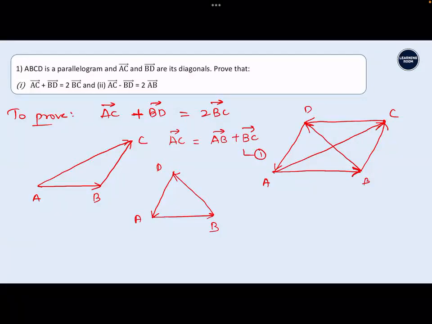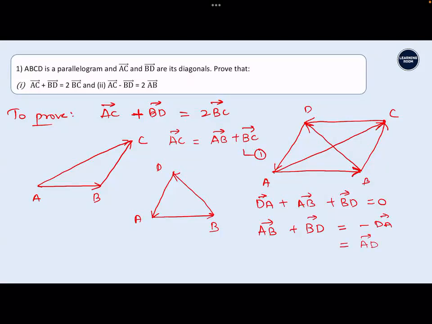So when they are in continuous path, what happens is DA vector plus AB vector plus BD vector will be equal to 0 because they don't follow triangle of addition here. What does triangle law tell us? If two vectors are taken in order, the third vector is supposed to be in the reverse order. So what I can do here is I can write AB vector plus BD vector is equal to negative of DA vector, or this can also be written as AD vector.